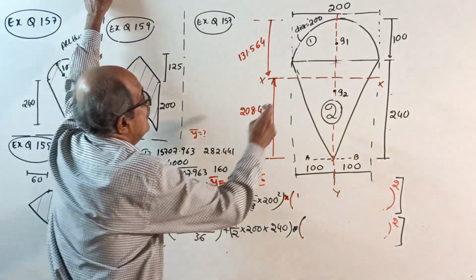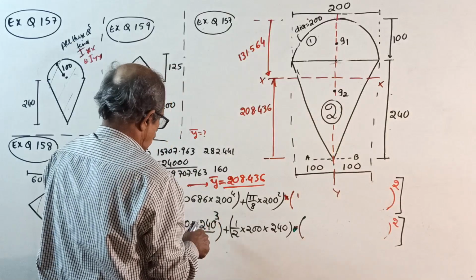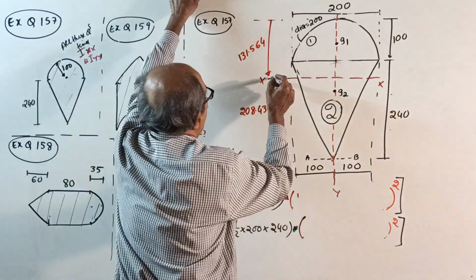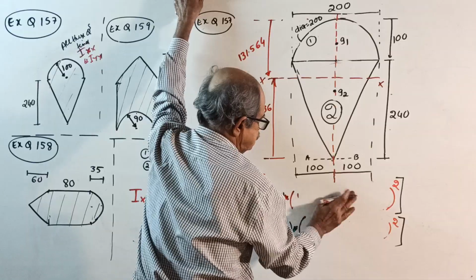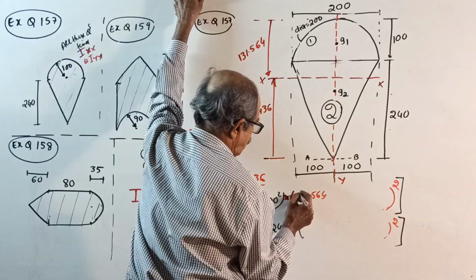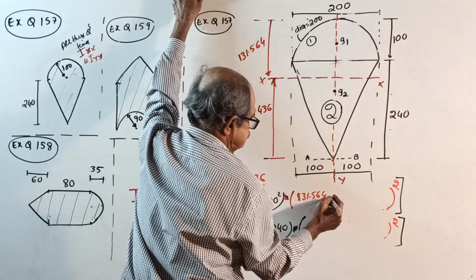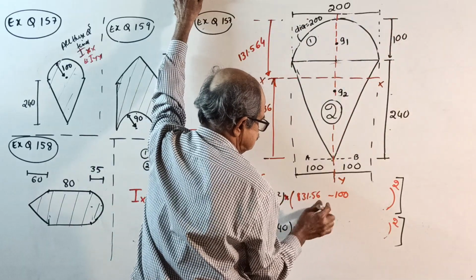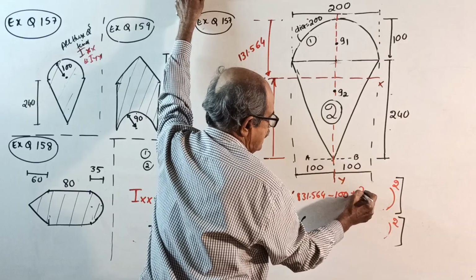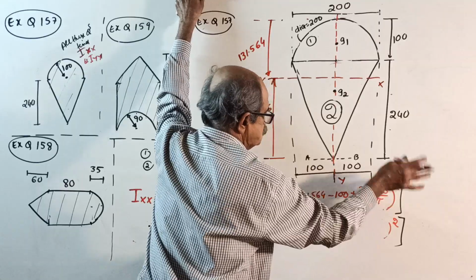Start IXX. IG plus area into this distance square. So IG is here, area is here. The distance is 131.564. This distance minus 100 will give you this distance plus 2d by 3 pi. 2 into diameter 200 divided by 3 pi whole square.